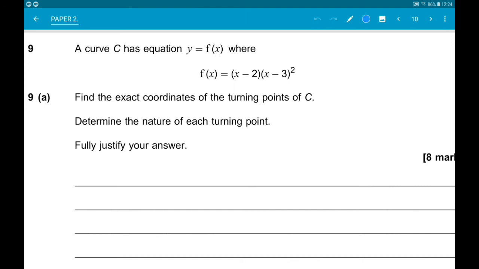So we can say that y is x minus 2 times x squared minus 6x add 9.